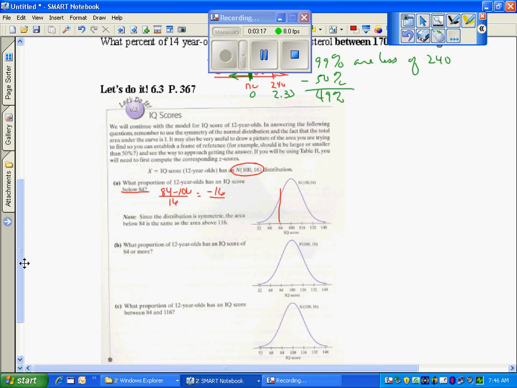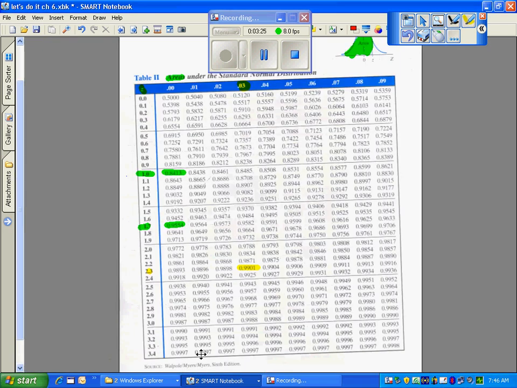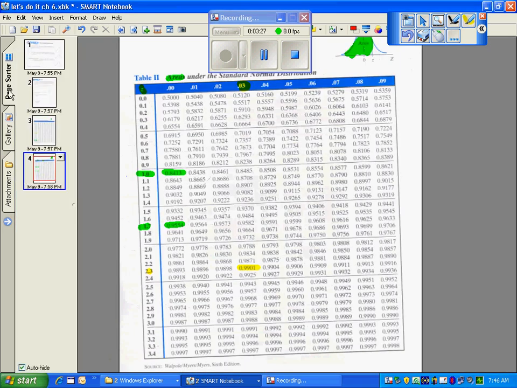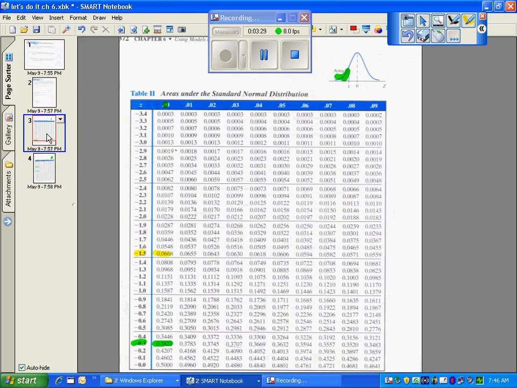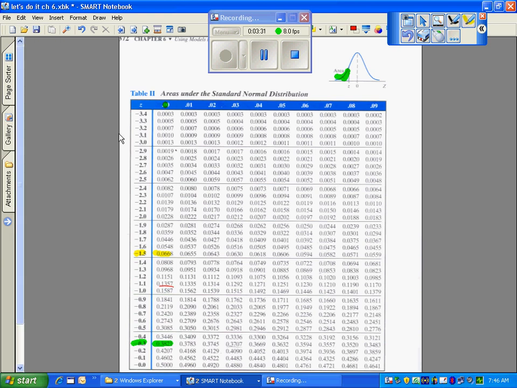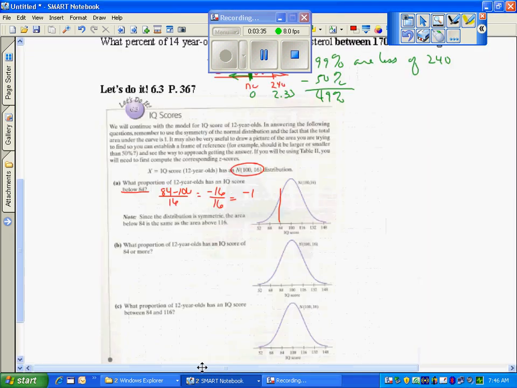You're down 16, and each step size is 16, so you're down 1 standard deviation. Looking up negative 1 standard deviation in your table, negative 1.0 is about 16%. So below is 16%, and that's what they were looking for.